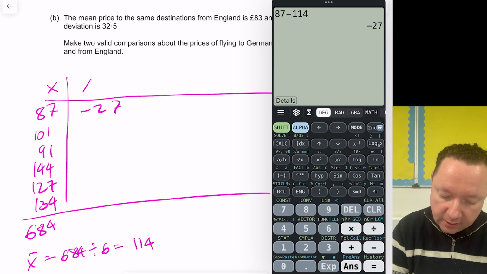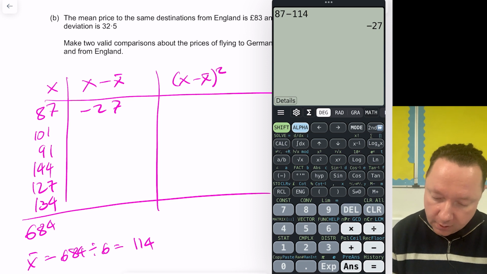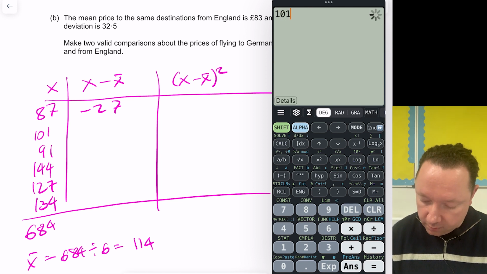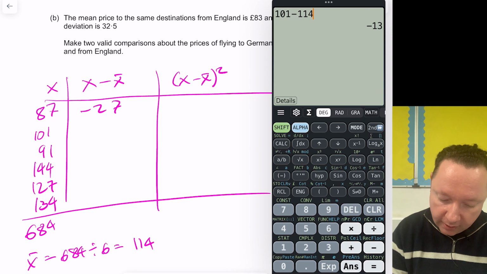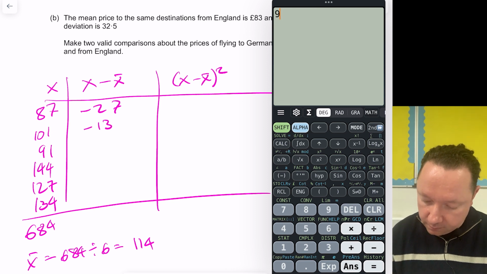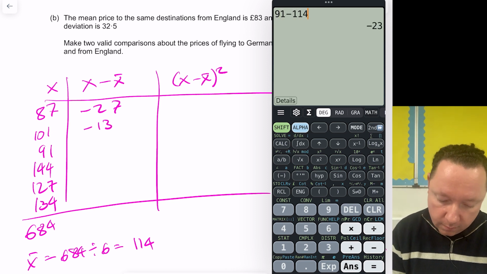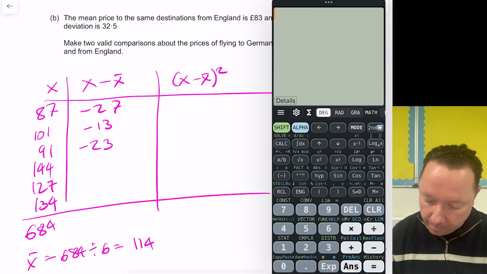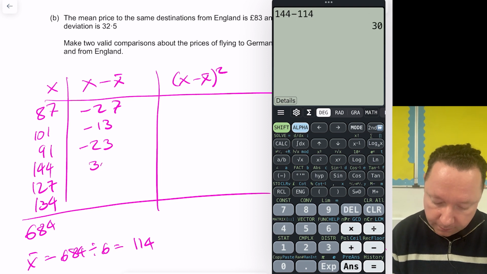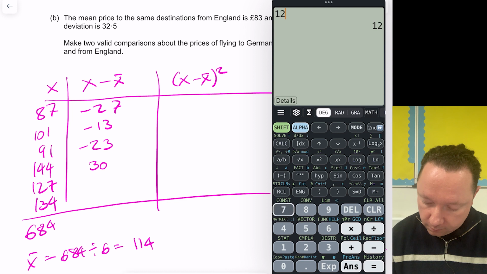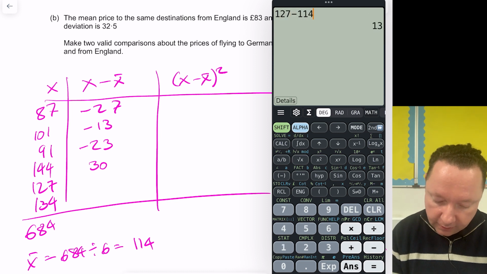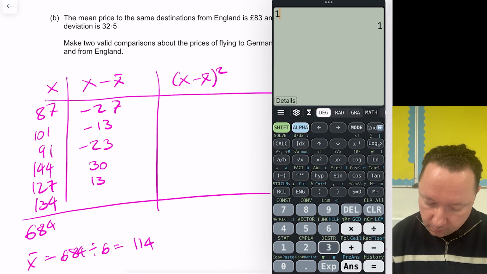And remember, this is x minus x bar. 101 minus 114 is minus 13. Then minus 23, 30, 13, 20.